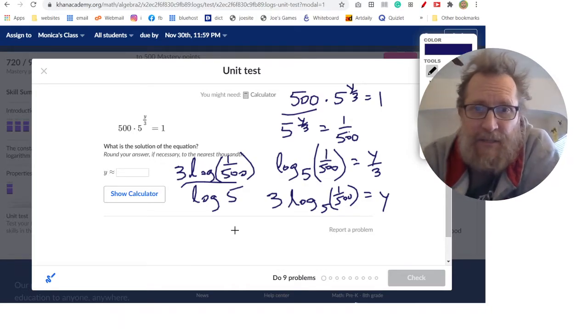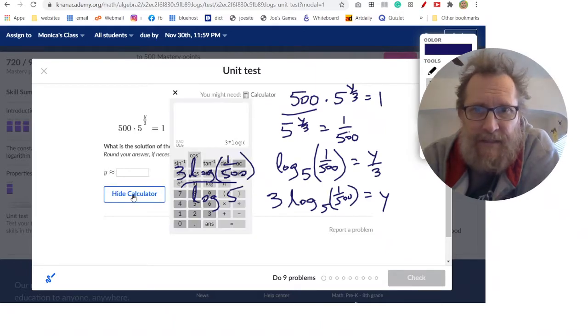So now I can type it into the calculator if I can remember it. Oh, I've got to change to that. Okay, now I can do this.